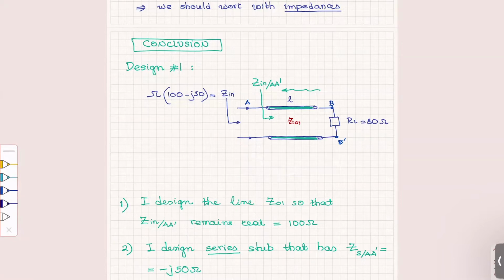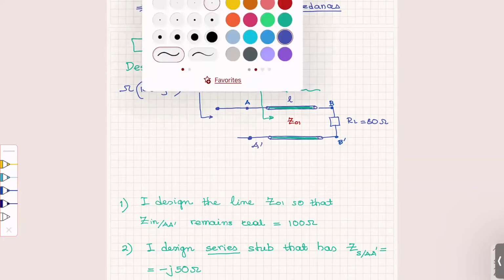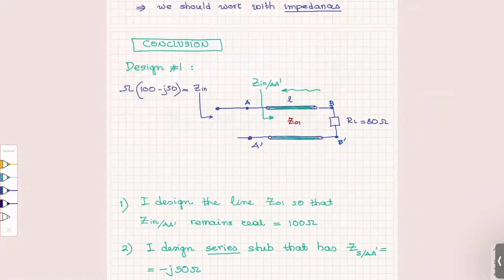See how I'm going to do that. I'll move this a little further out. This is A, and here I will have A prime. And then here in series, I'll use a series stub.